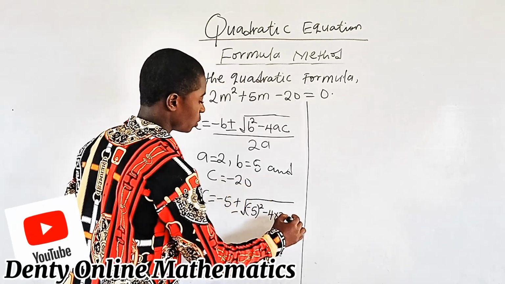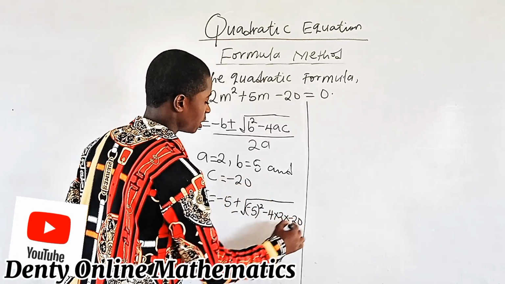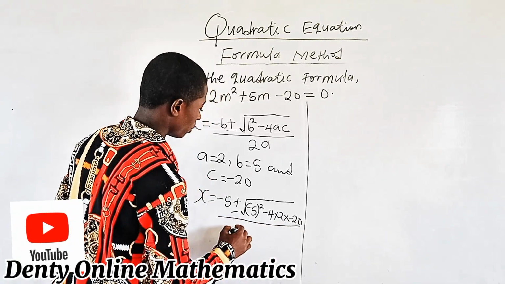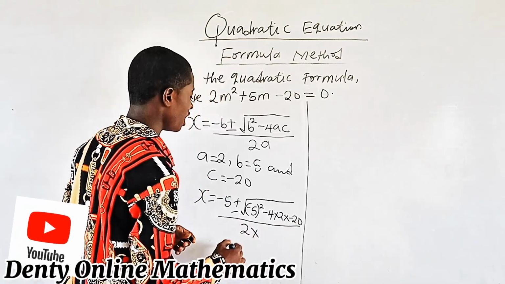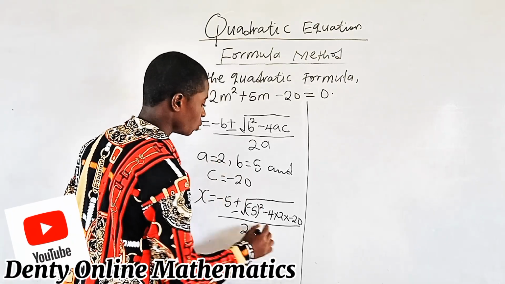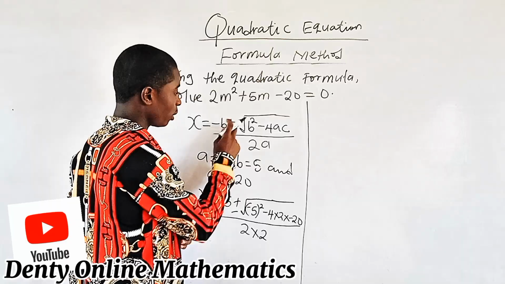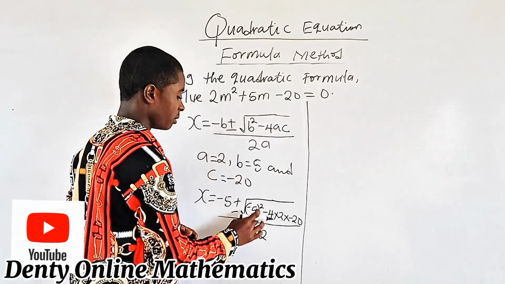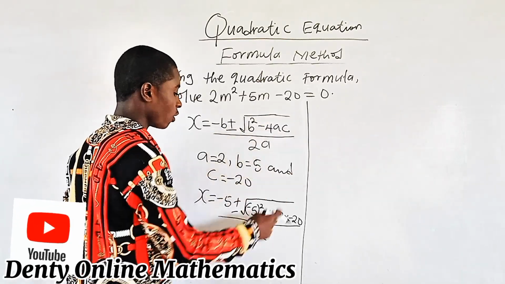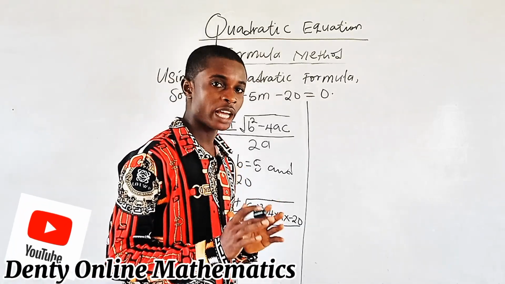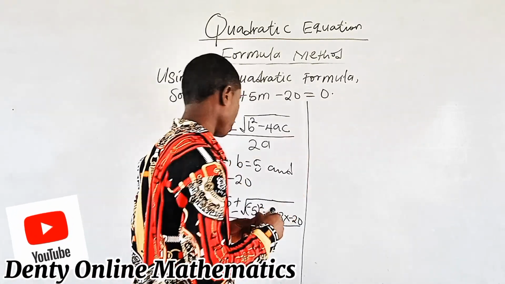Our c is minus 20. Now we are going to divide all of this by what? 2 times a. Our a is 2, because we have 2a. So minus b, minus 5, plus or minus b squared means minus 5 all squared, minus 4 times 2 times minus 20. You get it?